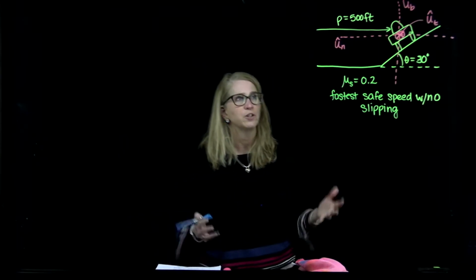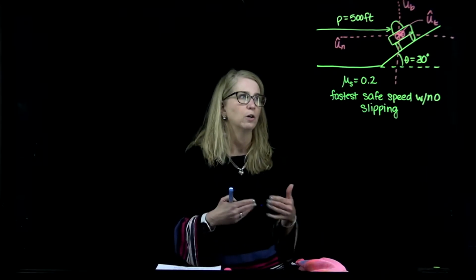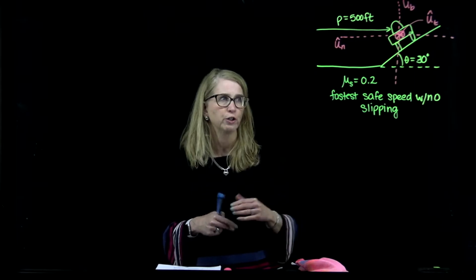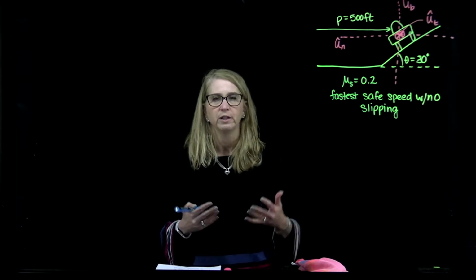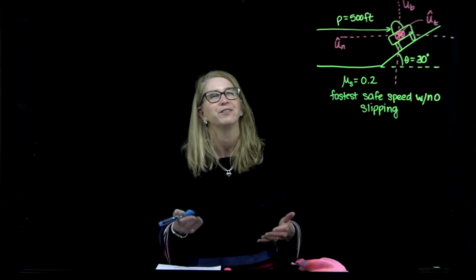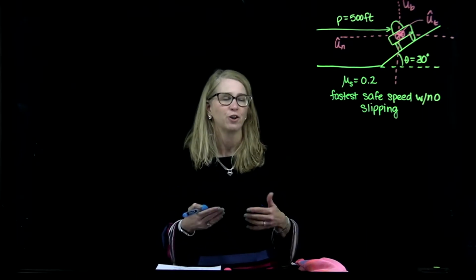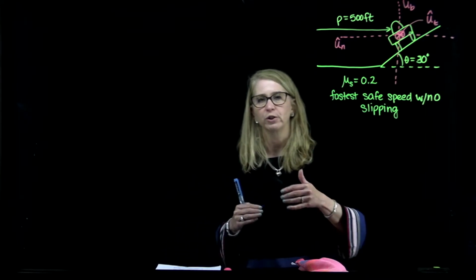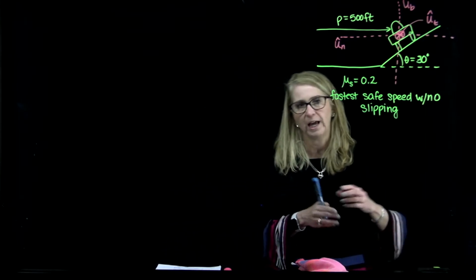So now the question that we're actually answering is, if there is friction between the tires and the banked curve, what would be the fastest safe speed that the car can go and not have any slipping? If you think about when you go around the curve, you tend to feel like you're pushed outward.